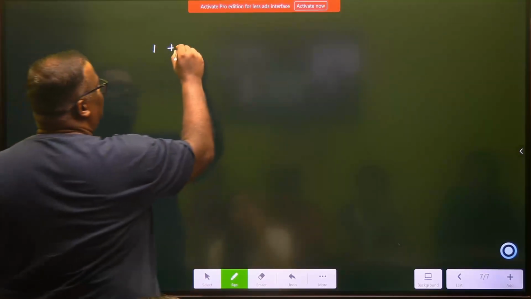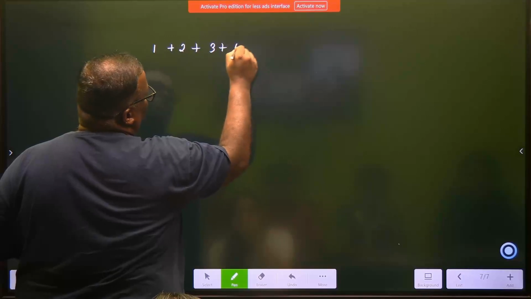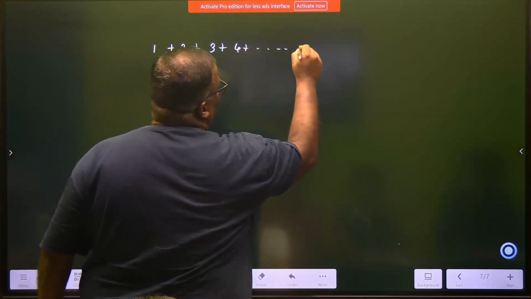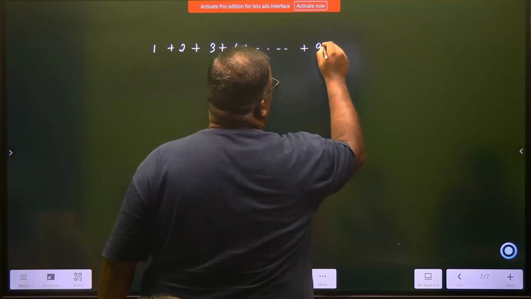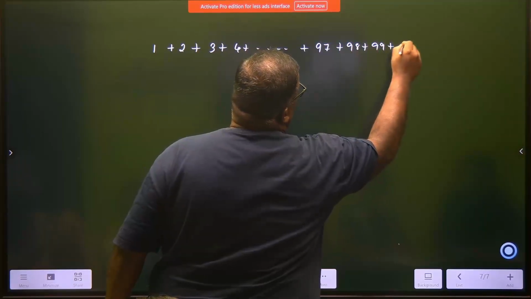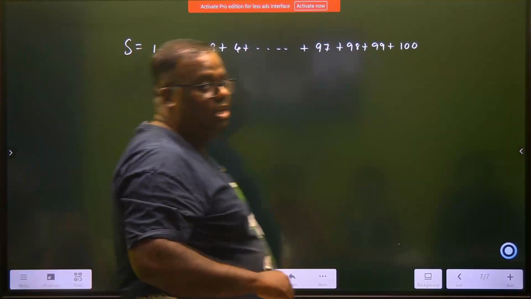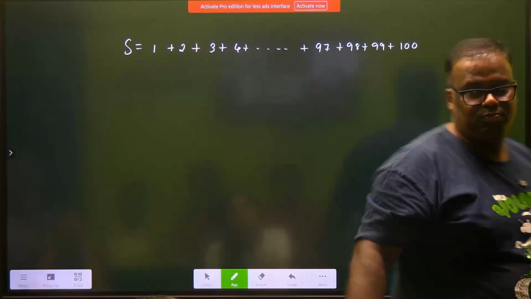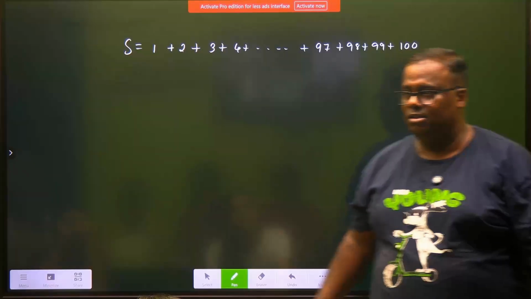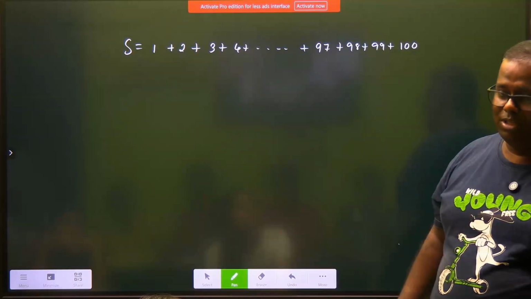So the teacher said to that boy as a punishment: 1 plus 2 plus 3 plus 4 in this manner, up to 97 plus 98 plus 99 plus 100. The teacher gave as a punishment the task to the boy that you sum this up. नहीं तो कहते कहते नानी याद आ जाएगा आपको. You will start remembering your grandmother.